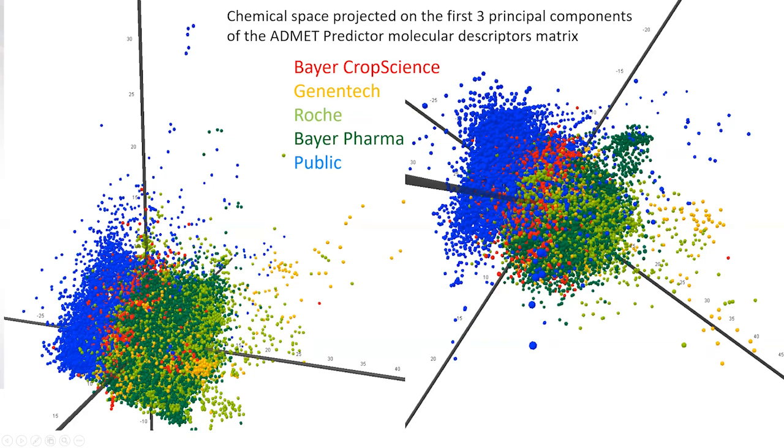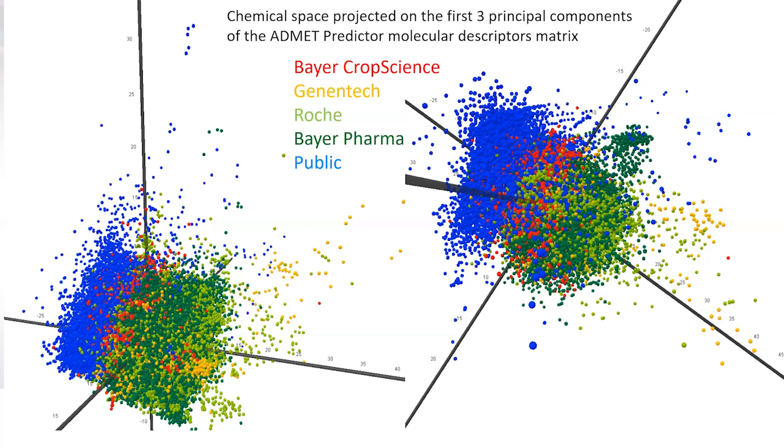The public is in blue, and the industrial data sets are in red, yellow, and 2 shades of green. There are some unique pockets of compounds that are very unique to public space, like on this end, and so on. And also unique pockets that are characteristic to each of the other data sets.